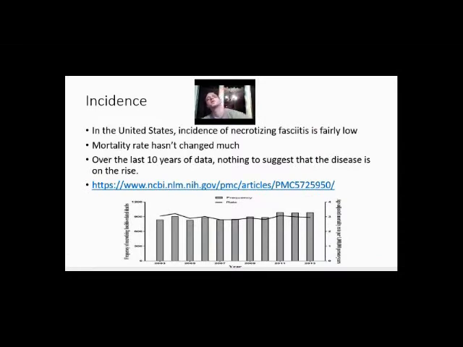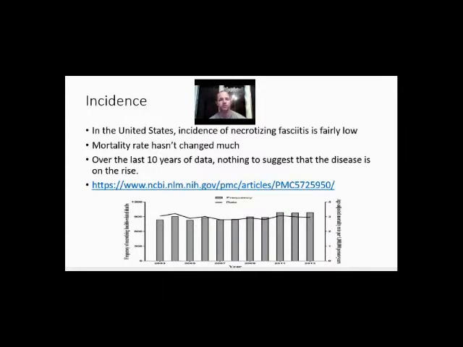Regarding incidence, it is much lower now than it was before we had sterile field surgery, which was the predominant cause of the infection. The mortality has decreased greatly, as we've learned much more about not only prevention but recognizing signs and symptoms and treatment, as my colleagues go over.